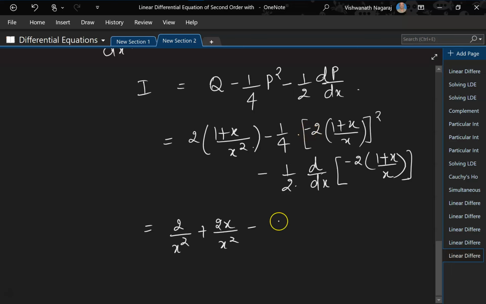So we'll be left with minus 4 by 4, which means 4 cancels out, and we are left with (1 plus x) square by x square, then minus 1 by 2, and now we have to differentiate this.